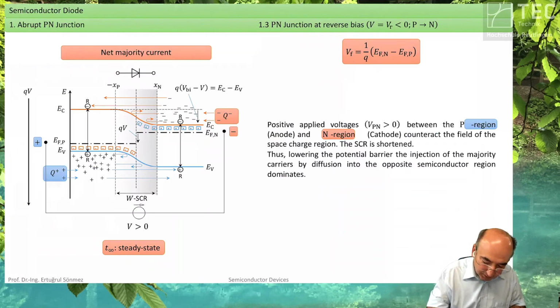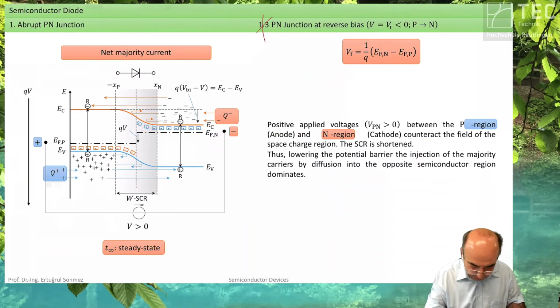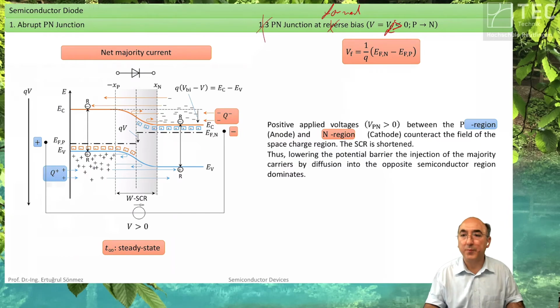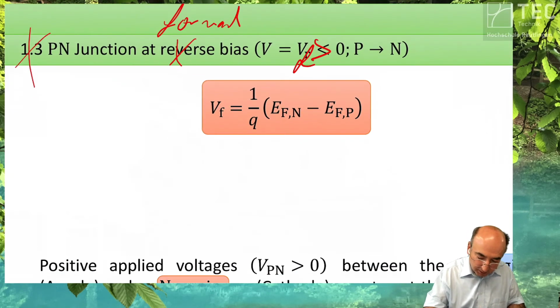Okay, the numbers, forget about the numbers. It is now forward bias. Forward, larger than zero. Okay, so now we talk about the forward bias.